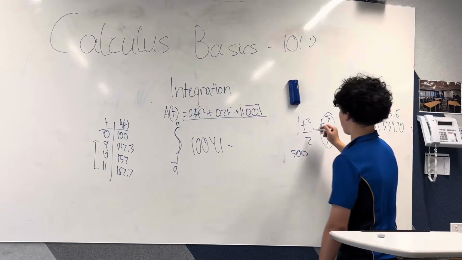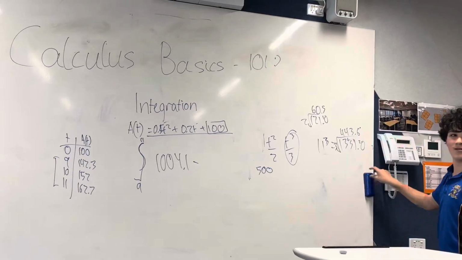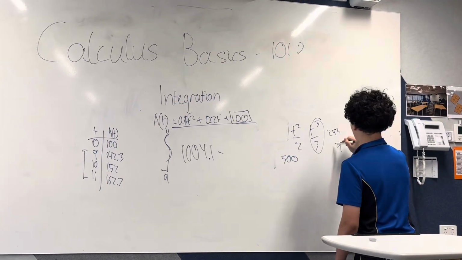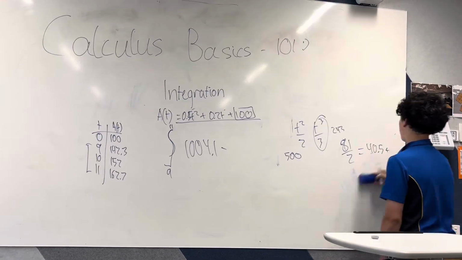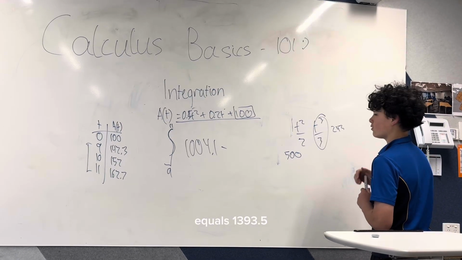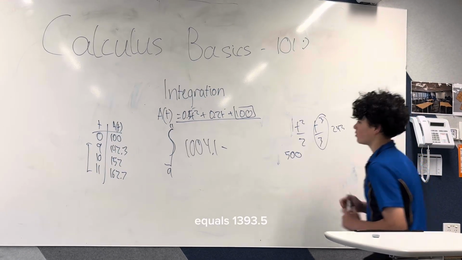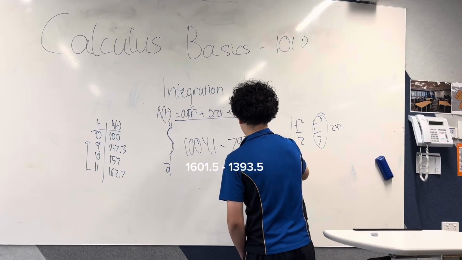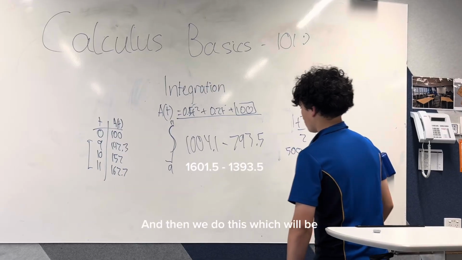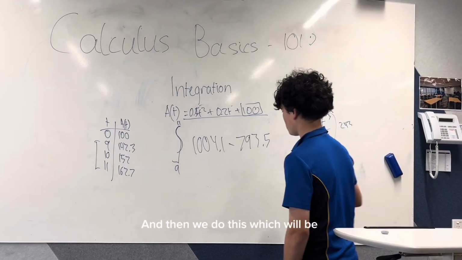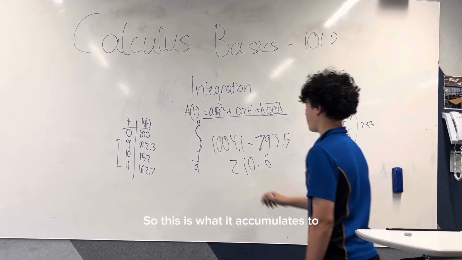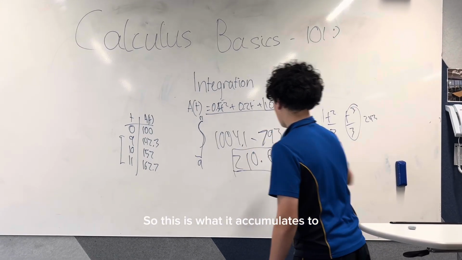So we get 793.5. And then we do this, which will be 210.6. So this is what it accumulates to.